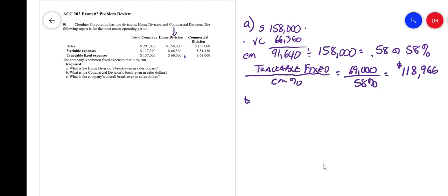All right, for letter B, they want to know what that is for the commercial division. So we follow the same procedure.